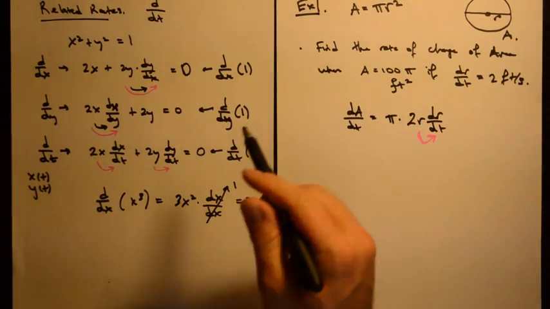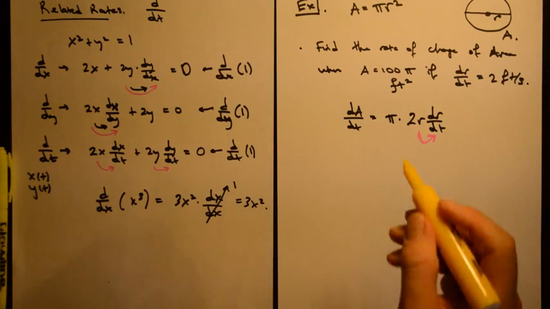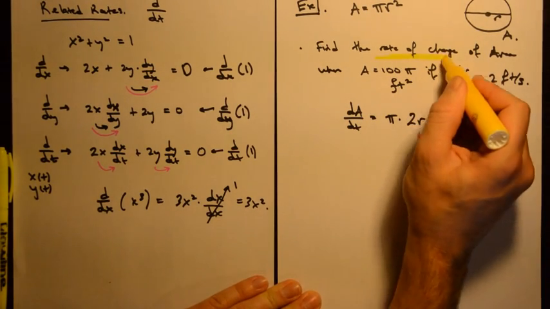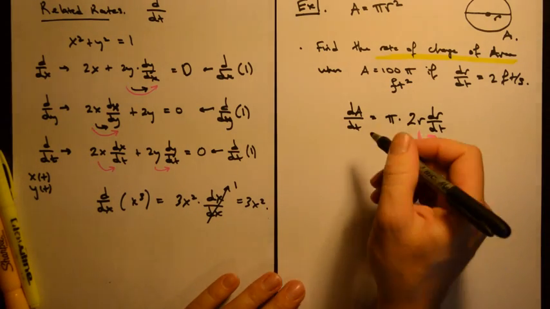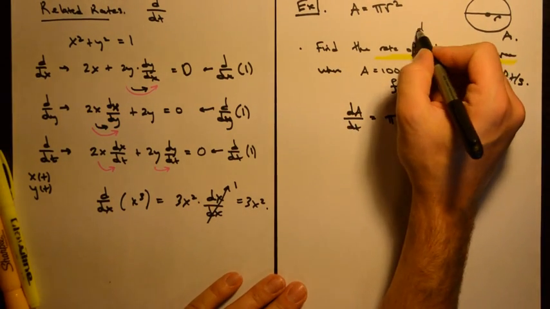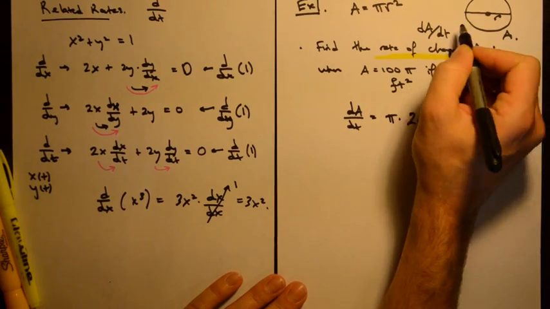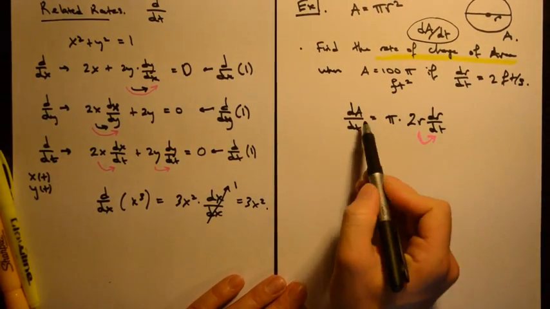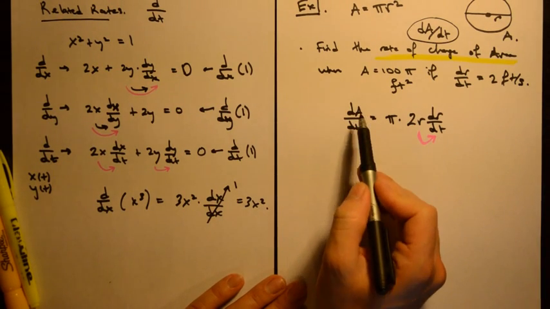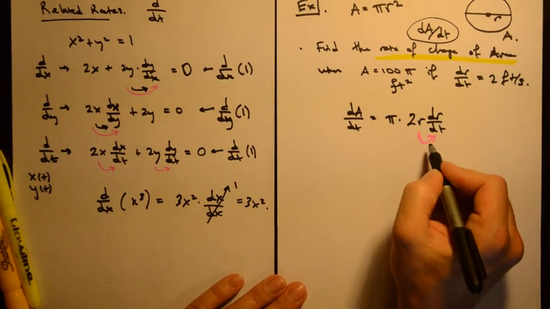Now when it says find the rate of change of area, okay, find this value, it is dA/dt. That's what we mean by the rate of change of area in time. So we're looking for this quantity, and in order to find it, we have to find r and dr/dt.